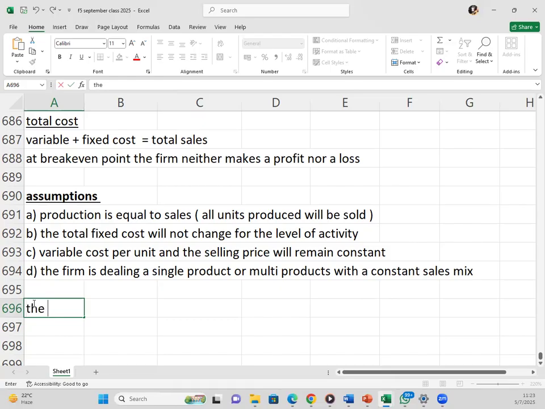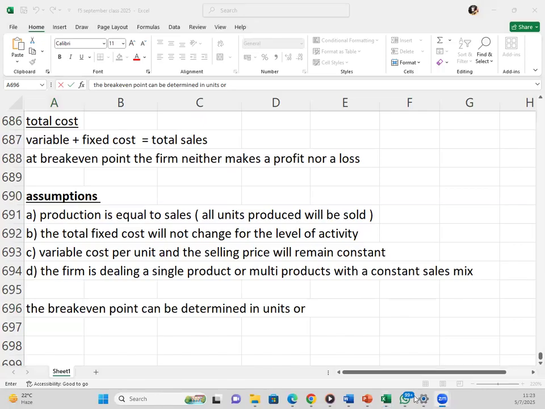So the break-even point can be determined in units, or it can be in sales volume.